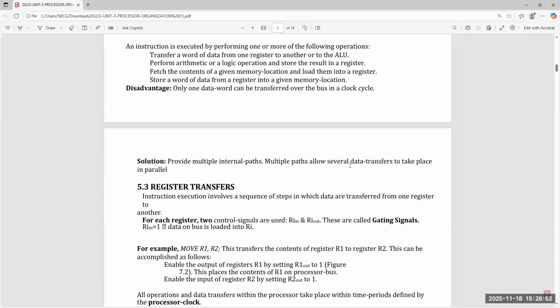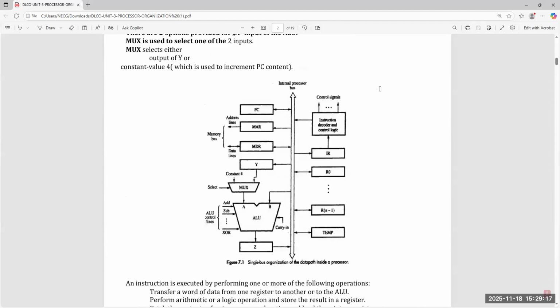The disadvantage of the single bus organization is that only one data word can be transferred at a time. To overcome this problem, we have to provide multiple internal paths, which means using multiple internal processor buses.